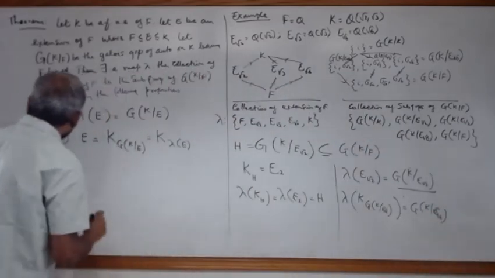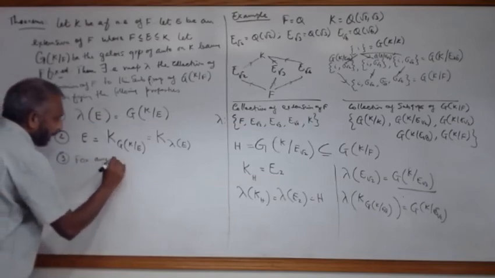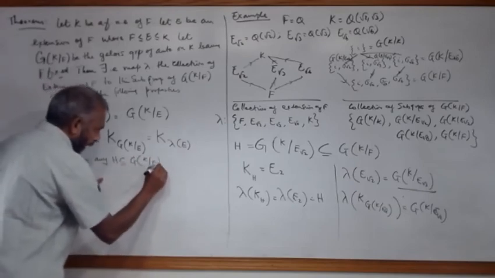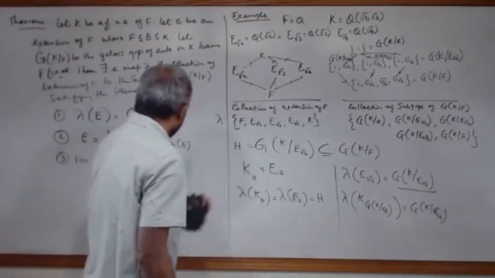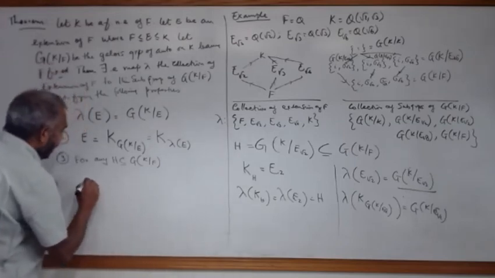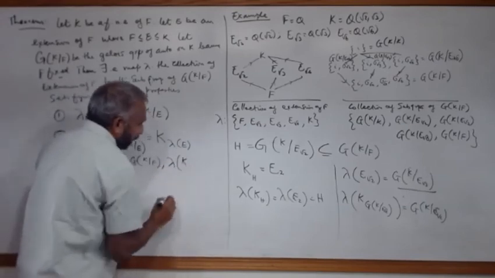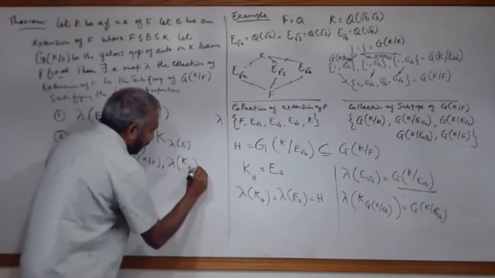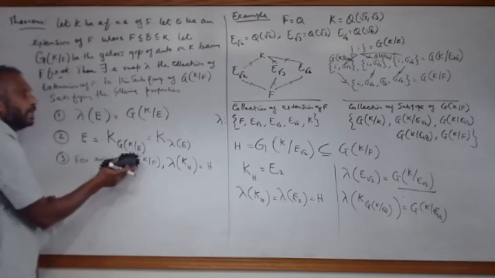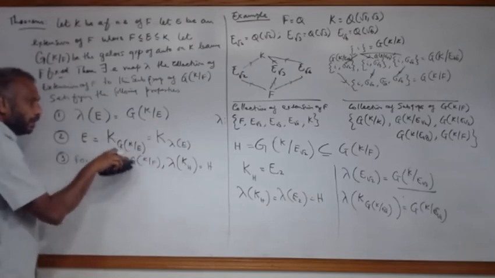So what I am going to state here is, for any subgroup H of G of K over F, here H is this, then we'll say lambda of K of H, the fixed field of K over H, is equal to H. These are all actually the same thing stated in a different way. Once you get hold of one of these, then these two results will follow.